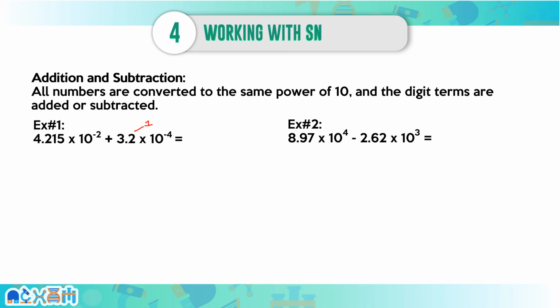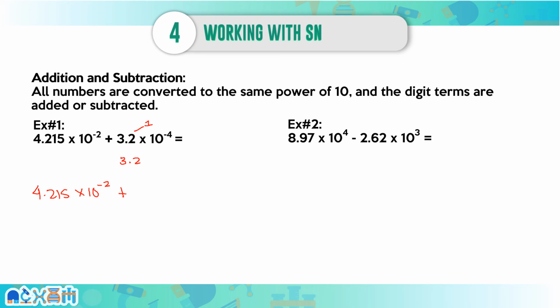Okay, so first step is to convert them. So you choose if you want to convert times 10 to the negative 2 into times 10 to the negative 4, or lower it down. In my case, I want to adjust times 10 to the negative 4 and make it times 10 to the negative 2. So I'll just write this down directly. That's 4.215 times 10 to the negative 2 plus, since I have to convert this, 3.2.